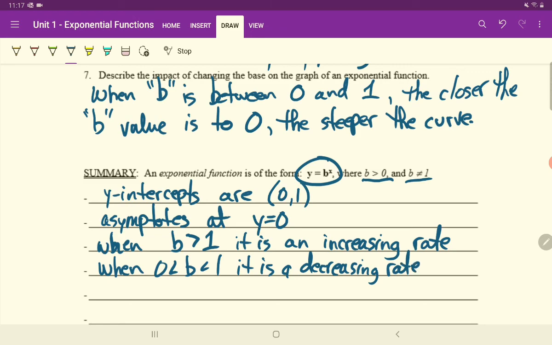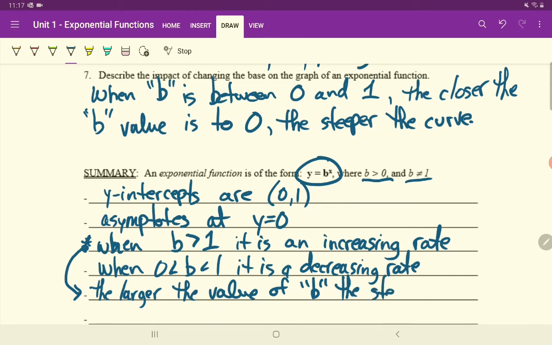And then we can make note of the fact, and maybe I should have put it right under there, but for this particular point here, the larger the value of b, the steeper the rate, or the larger the rate.